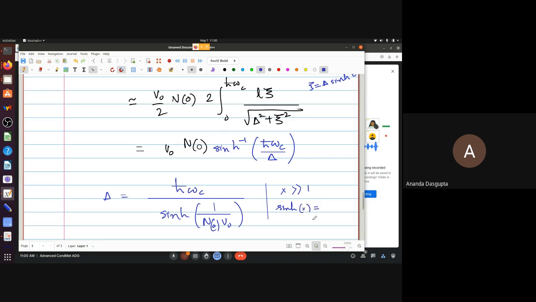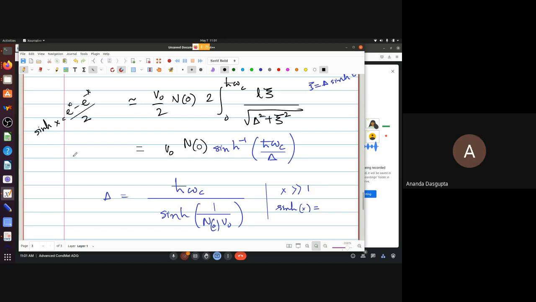what is the approximation of sinh x? Can you tell me that? When x is large, what is this? So what's the definition of sinh x? I hope all of you remember that. e to the power x minus e to the power minus x, by 2.